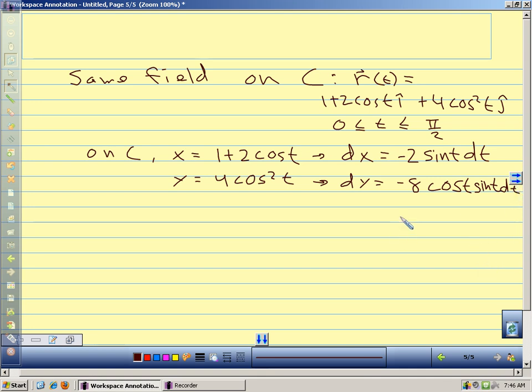So now we can substitute into our equation. We're going to use our differential form.